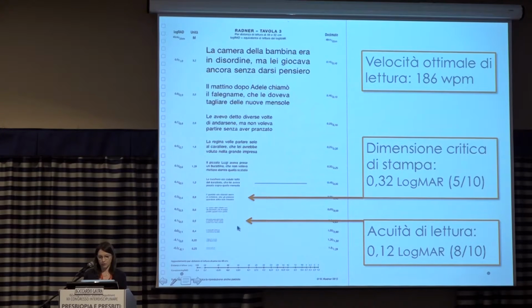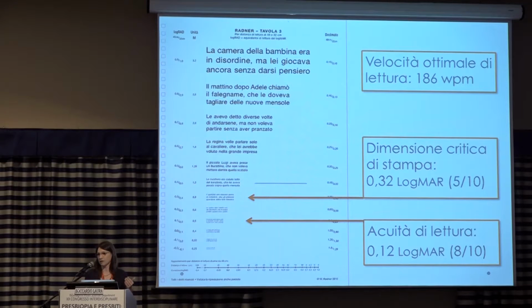So that's the first challenge, the slowdown point. As they moved on, when a reading acuity was reached, that is indicated here, people were no longer able to go on reading.